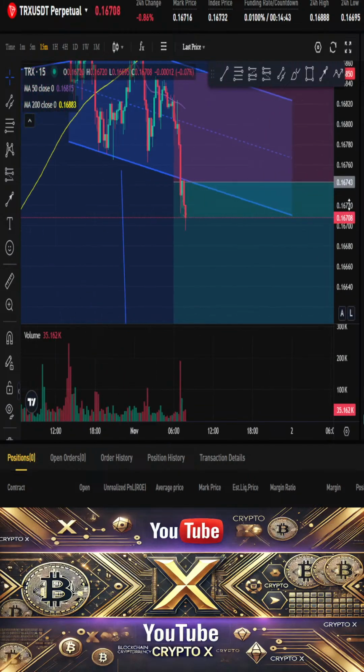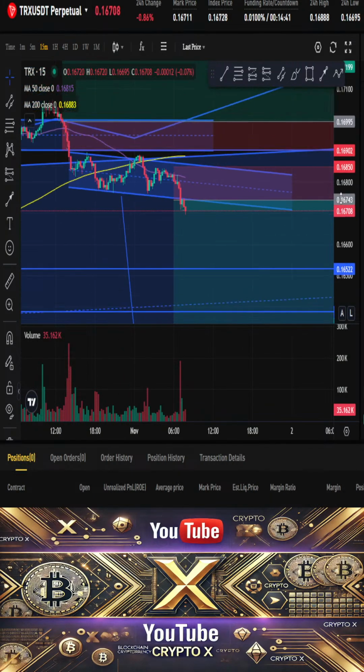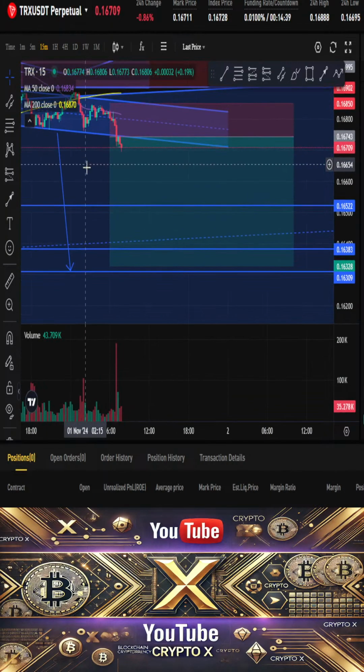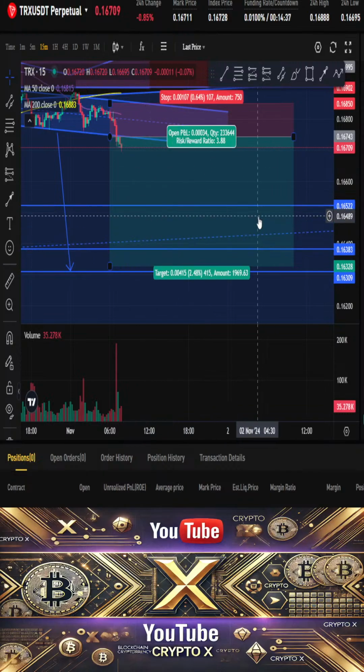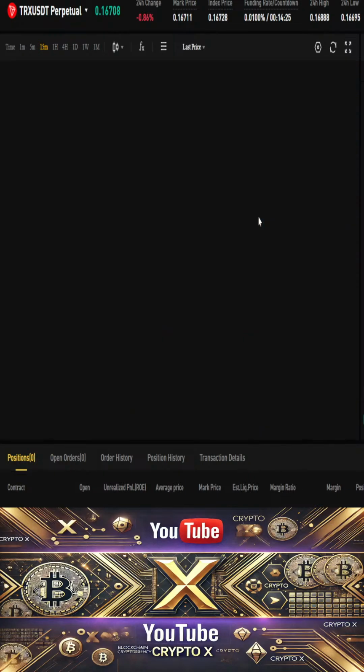For a good trader, if you are successful at 1:2 in around 6 to 7 out of 10 trades, then you will be a good trader.